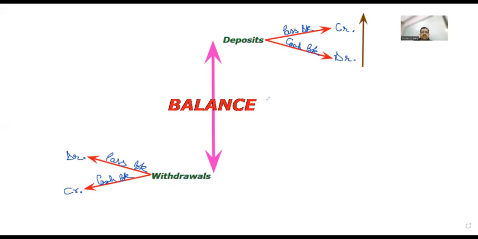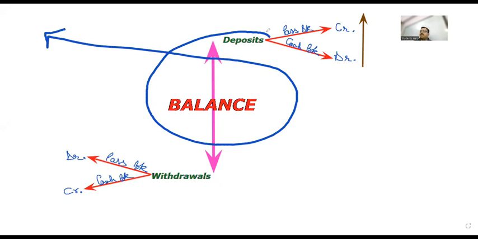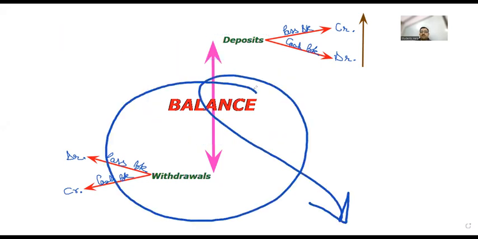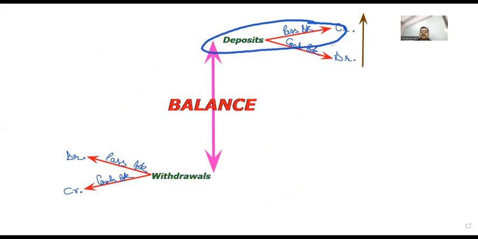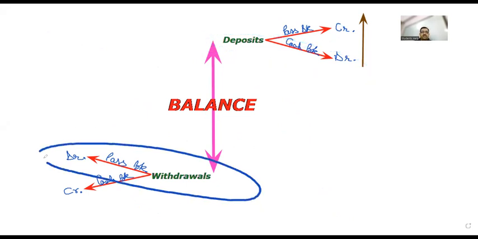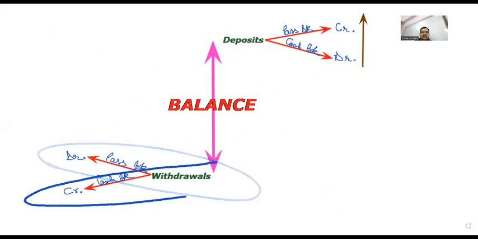So let me summarize the things. When we deposit money, balance would increase, and when we withdraw money, balance would decrease. In the passbook, deposits appear on the credit, but in the cash book, deposits appear on the debit. In the passbook, withdrawals appear on the debit, but in the cash book, withdrawals appear on the credit.